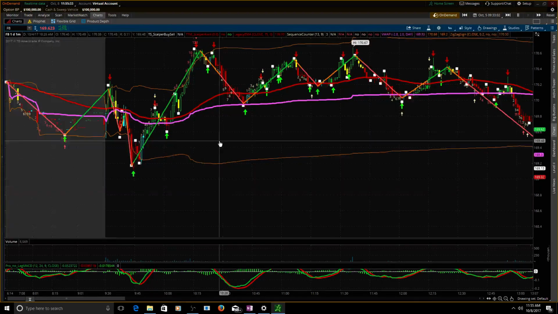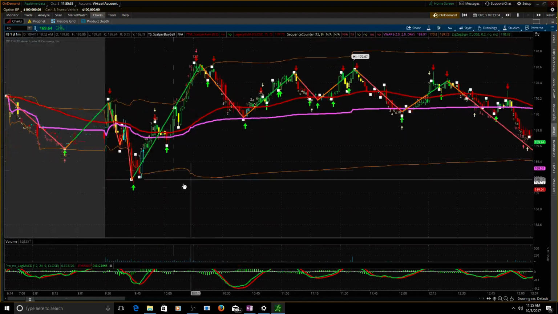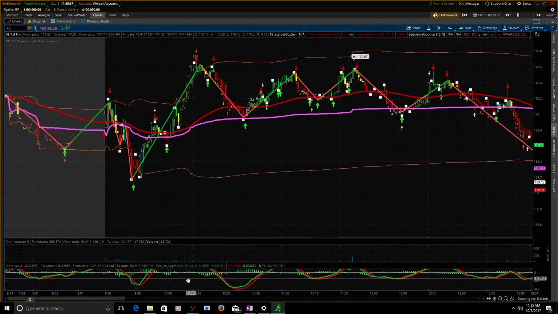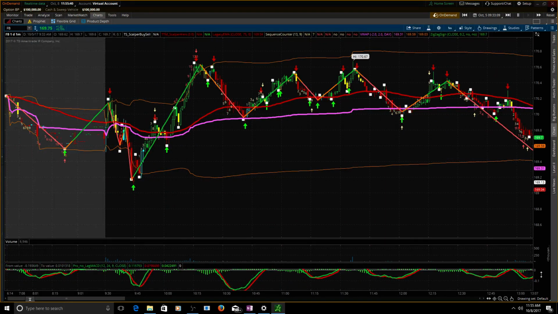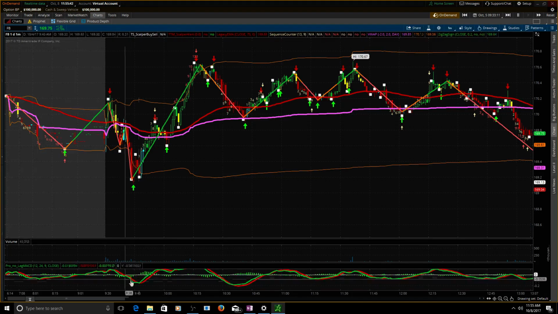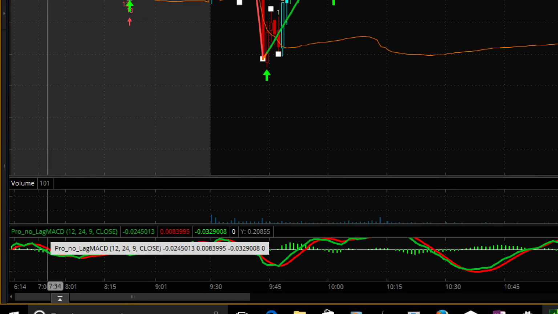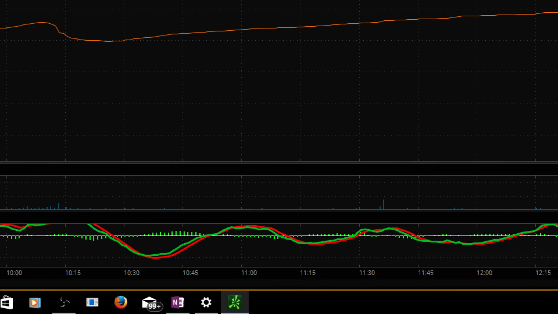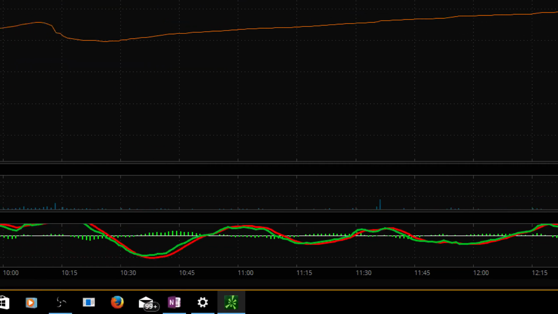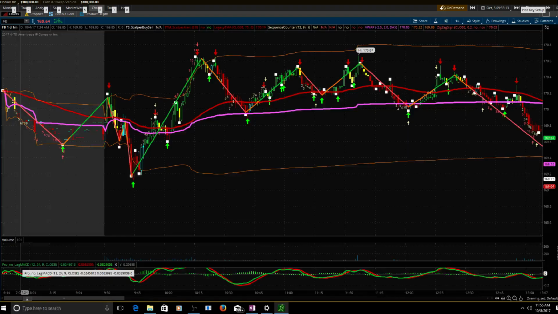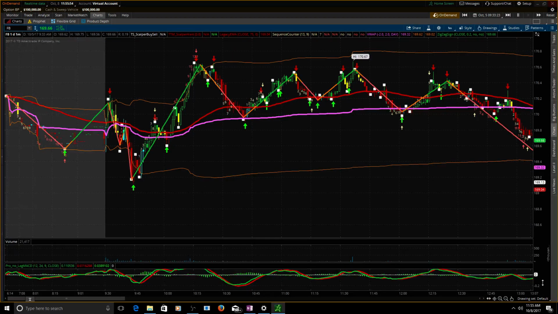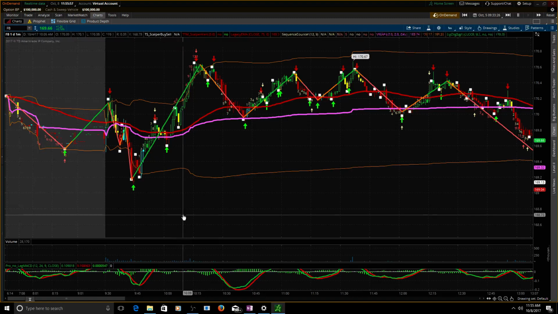So let's talk about them in order of how I would look at them. If you recall from my last video, I talked about this one down here being the most important, the ProLag MACD at the bottom of the screen. That is, in my opinion, one of the most important indicators or studies that I use in order to engage in trades.